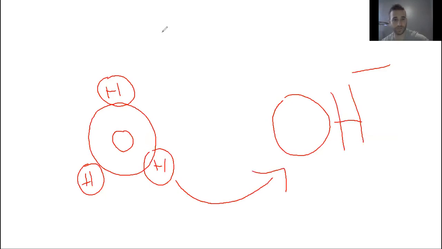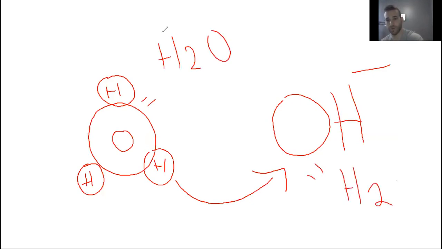So this one here, because it's now lost that hydrogen proton to this hydroxide, it becomes H2O. And this becomes H2O. Okay, and we've eliminated a hydronium, or H plus, which means we've not just buffered acid or diluted acid, we've actually eliminated acid completely.